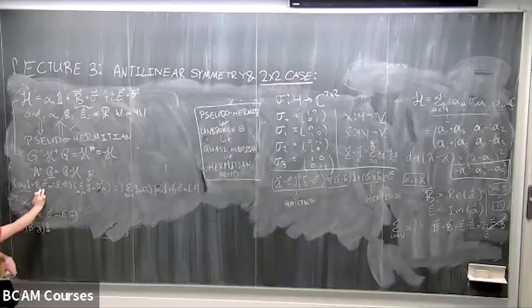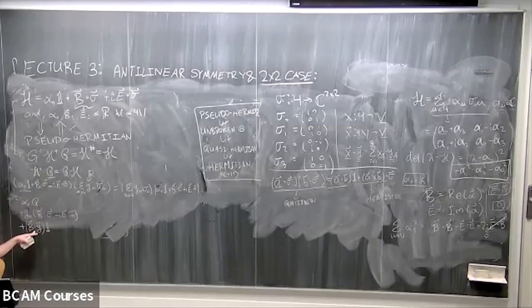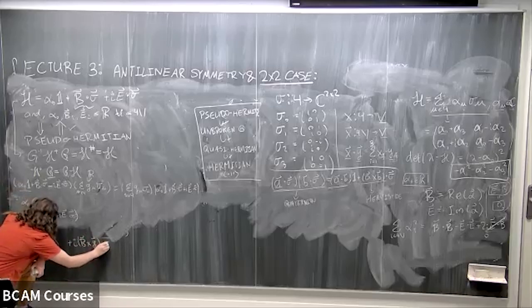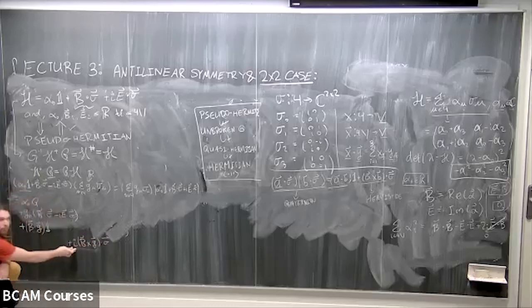Remember the rule for multiplying two Pauli vectors is there's one term from the dot product of the two vectors, and then there's one term from the cross product of the two vectors. Here you have the cross product, and here you have the dot product.